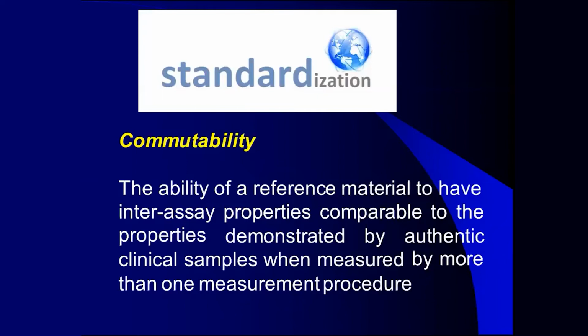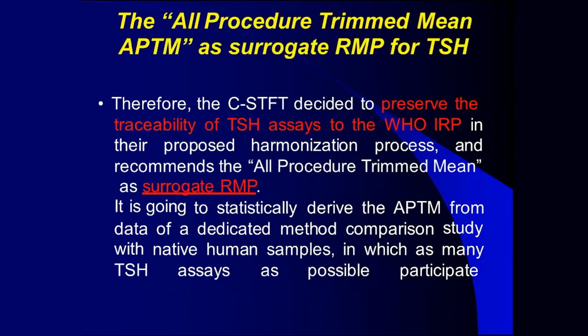So what we are now trying to do is harmonize the TSH assay, which means we are trying to use an all procedure trim mean as surrogate reference material for TSH. We are trying to take as many manufacturers as possible, bringing their means and using a mean of their means, which is an all procedure trim mean. So we are trying to pull up the TSH assays which have got a mean towards the lower side, towards central tendency.